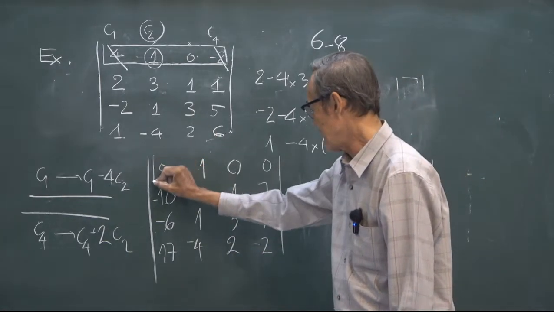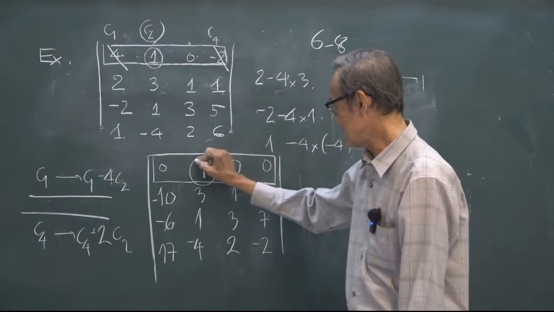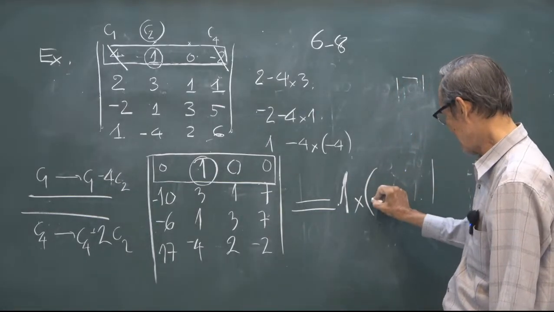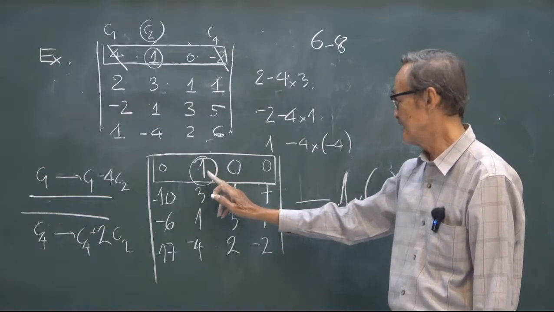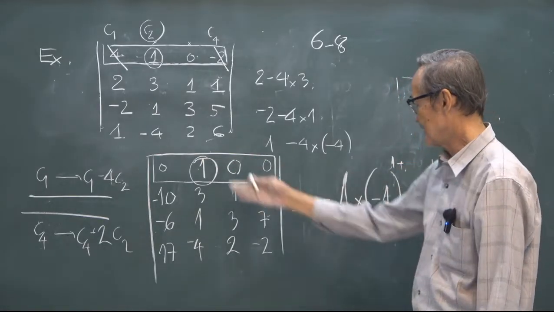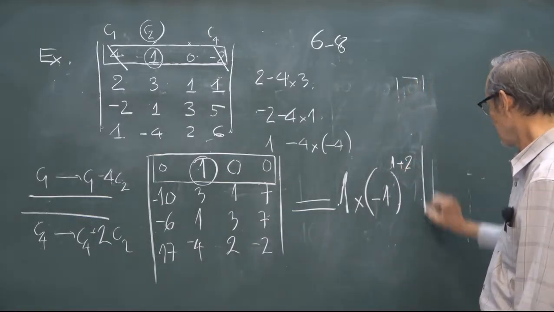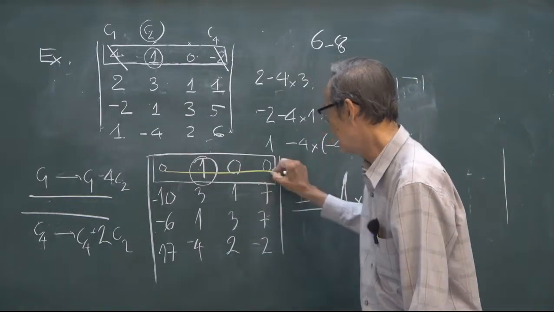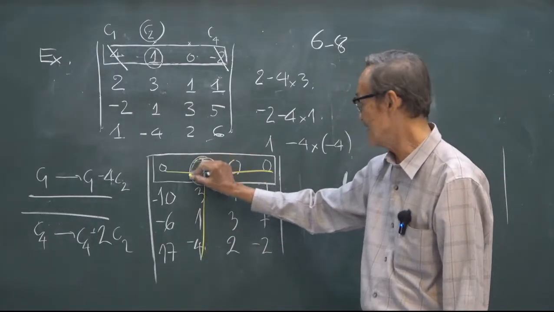Now we expand by row 1. Write down this element and number minus sign. Position of this element, row 1, column 2, and delete row 1, delete column 2 with content of this element.